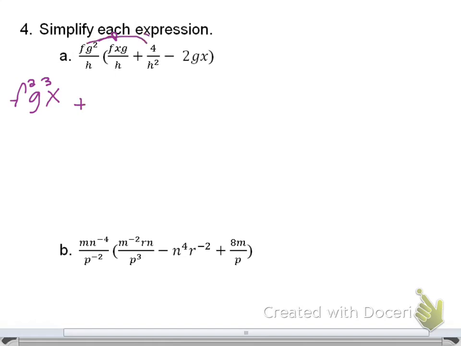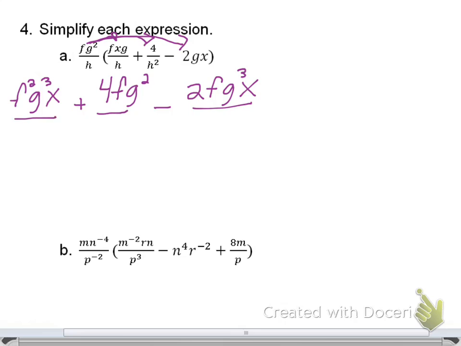Moving on to the next term, it's just a 4, and then the variables that we started with, f, g squared. And then the last term here, we have a 2. We have a g for our g squared, but no f's, so the f is just f. And then we have g and g squared, which is g cubed, and then an extra x there.